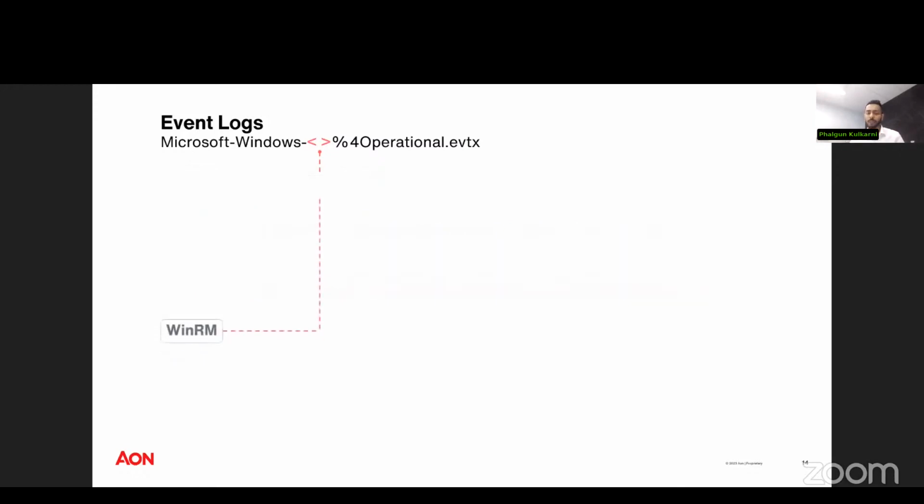And sometimes threat actors may also utilize WinRM, or Windows Remote Management. Again, this is a built-in utility which can be used to access a system remotely or execute remote commands. So we enumerate event ID 6, which means that a remote connection was established from a source to a destination system.